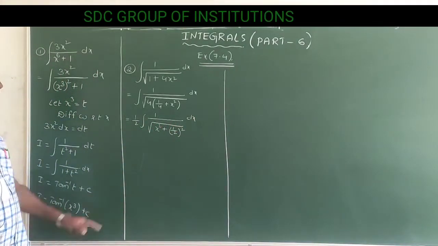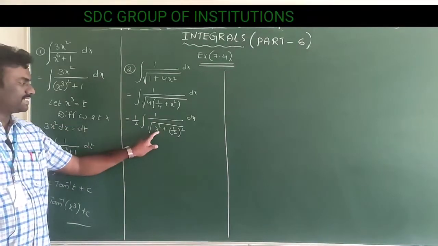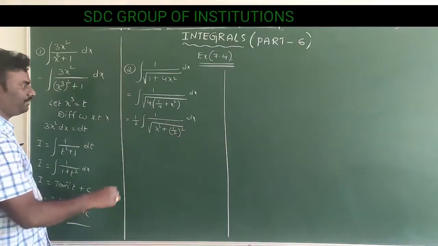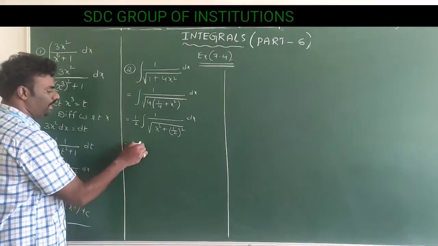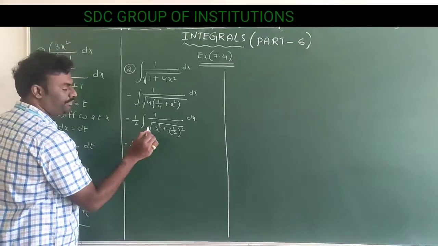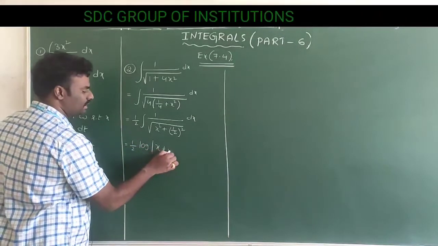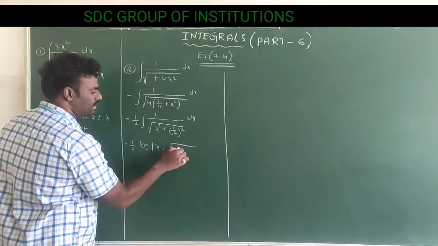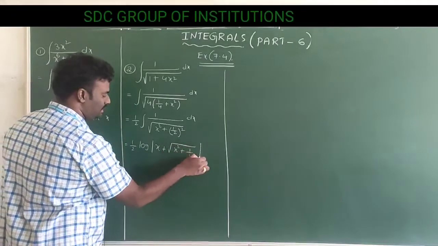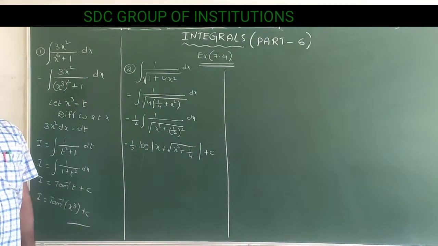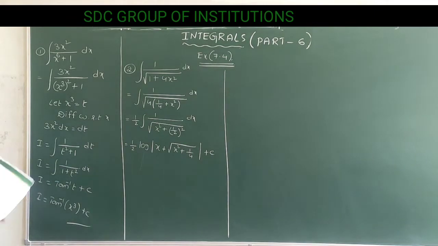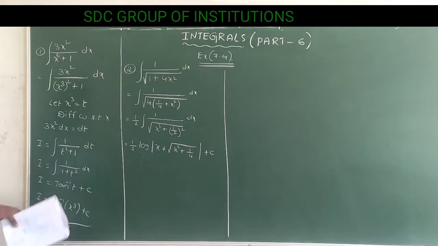It is in the form of integration of 1 by under root of x square plus a square. We can apply log mod x plus under root of x square plus a square plus c. Next question. Third one.